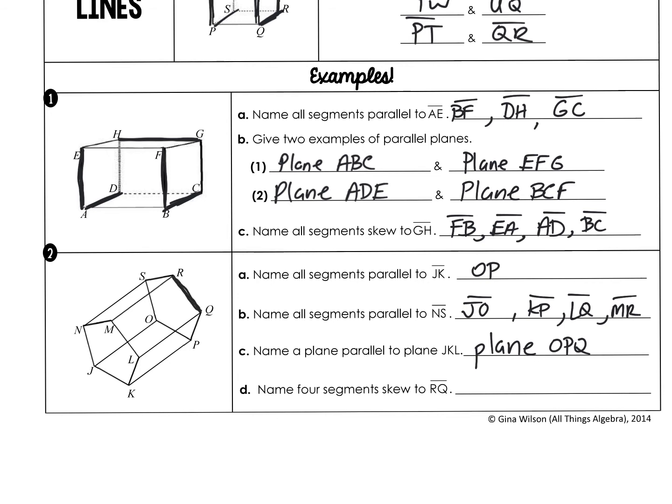So skew to RQ would be JO, JK, JN, and PK.